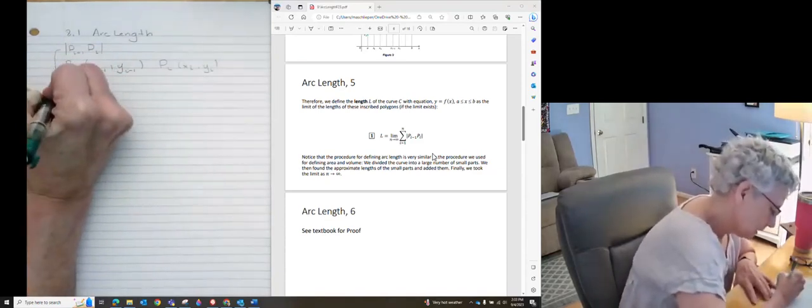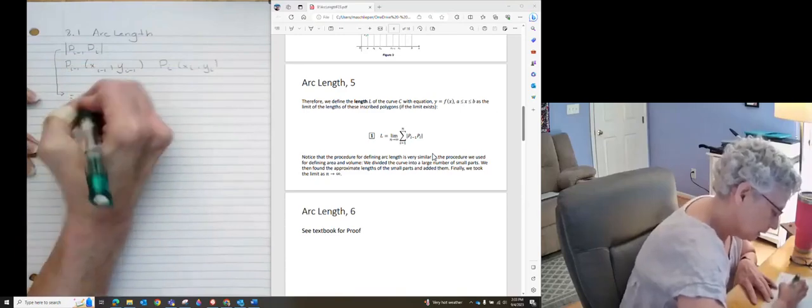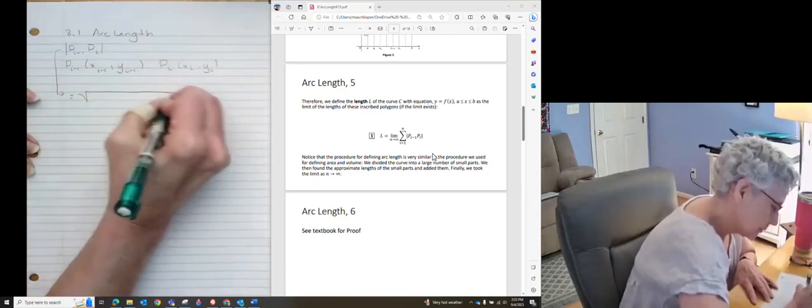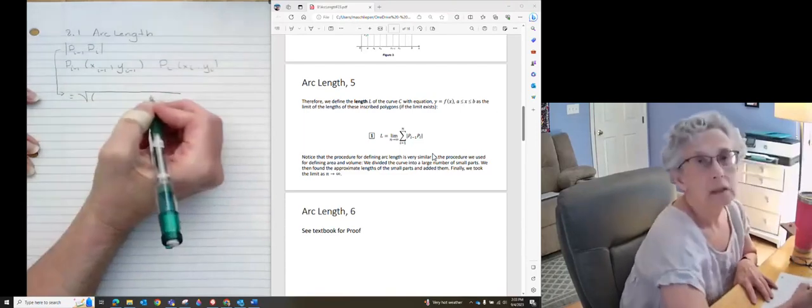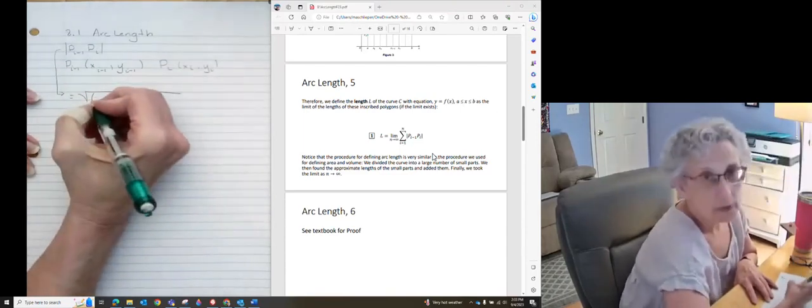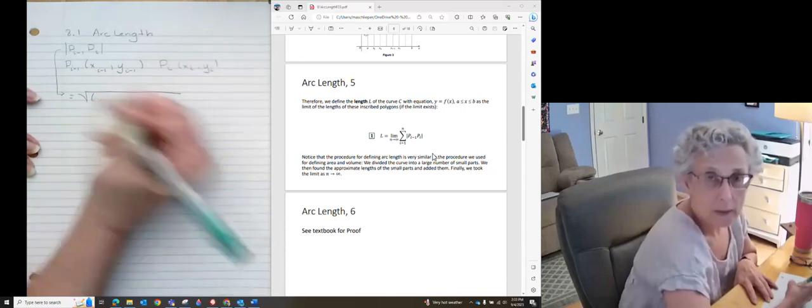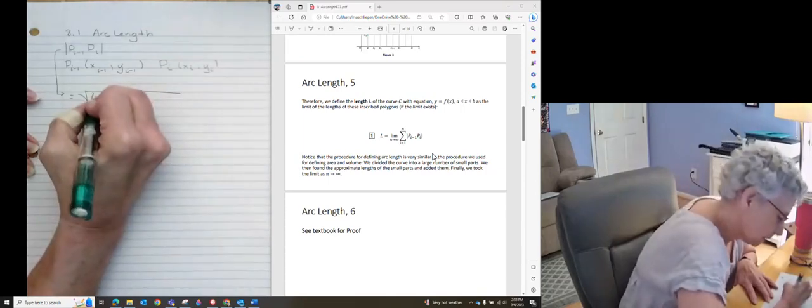So this length here is equal to the square root, the difference between the x's squared and the difference between the y's squared, just the plain old distance formula.